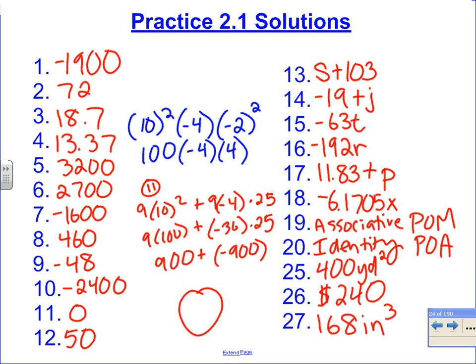I don't know who had their hand up next. Annalise? Okay, wait, let me go over the first page first, then we'll get to that. Yes, you always follow order of operations on anything you do in math.